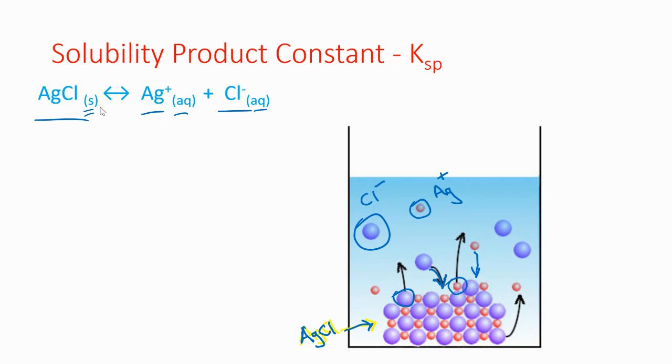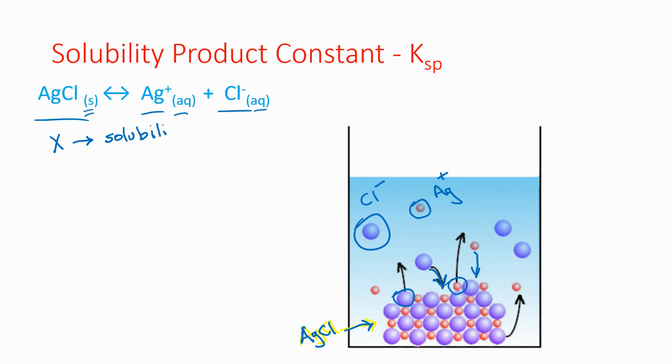So we have a reversible reaction, and when you do that, you also have the potential for equilibrium. What we're going to notice is that some amount of this solid, we'll call it X, will actually dissolve. And we call that X the solubility of that particular solid.